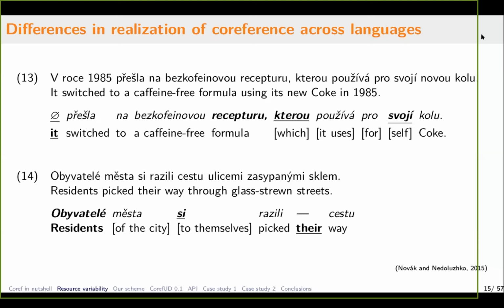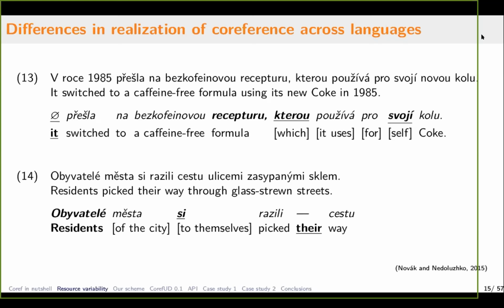And in the other example, this is a less common case, but it is also possible that the reflexive pronoun that is dependent on the verb in a Czech sentence shifts to a different position and changes to a possessive pronoun dependent on an object of the sentence.